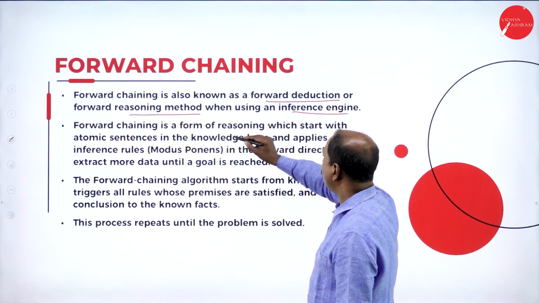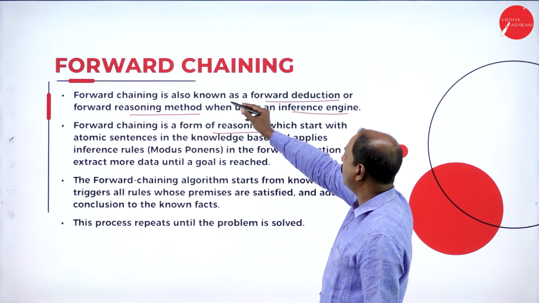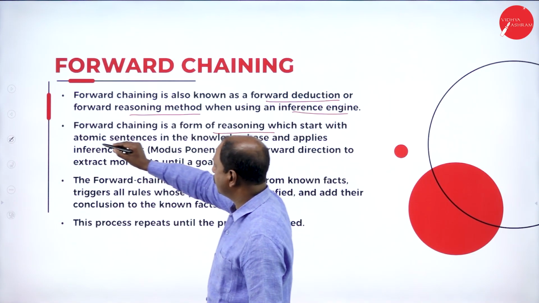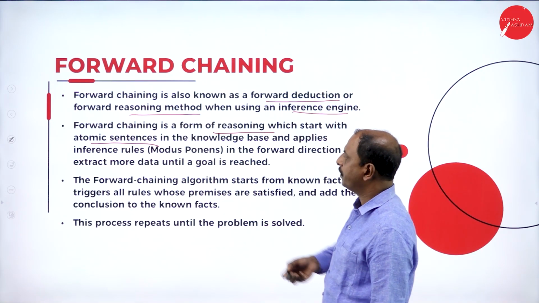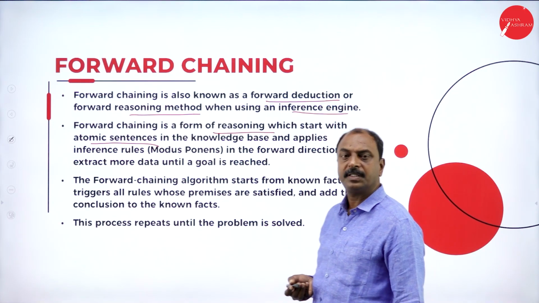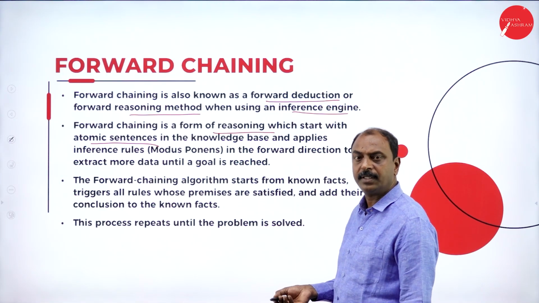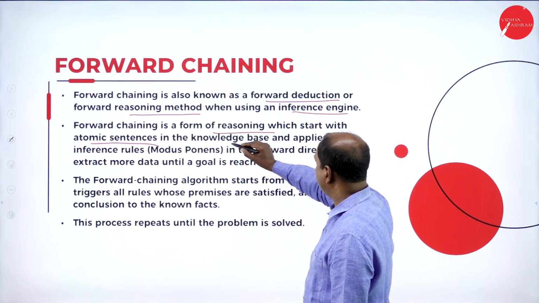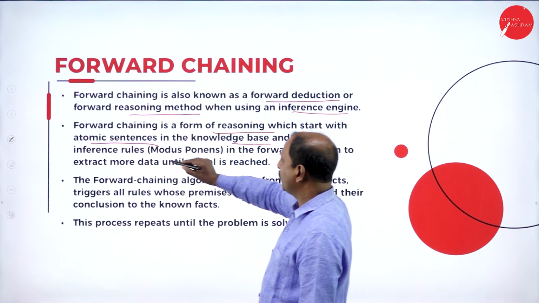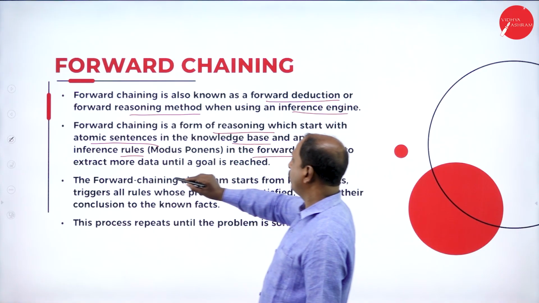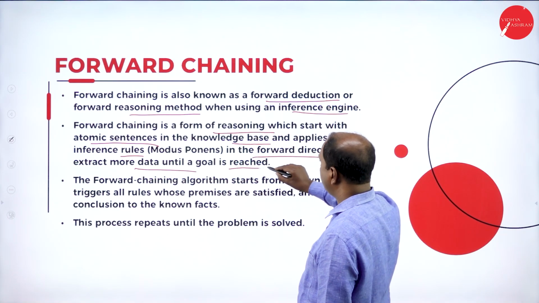It is a form of reasoning which starts with the atomic sentence. Already we have learned in our previous sessions that an atomic sentence is nothing but a simple sentence or a single statement. It starts with a single statement in the knowledge base, applies inference rules in the forward direction, and extracts more data until the goal is reached.